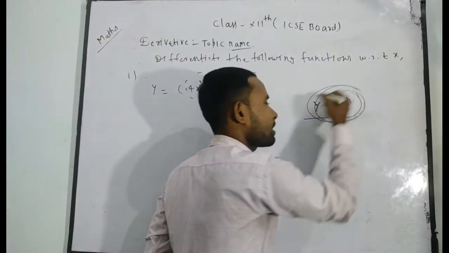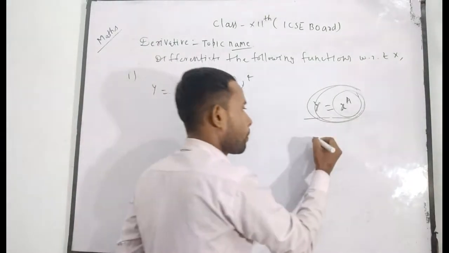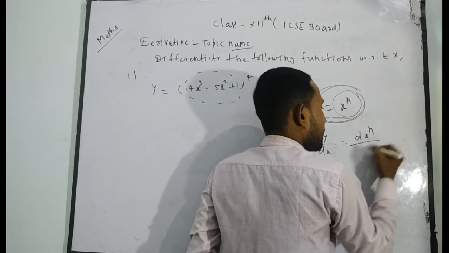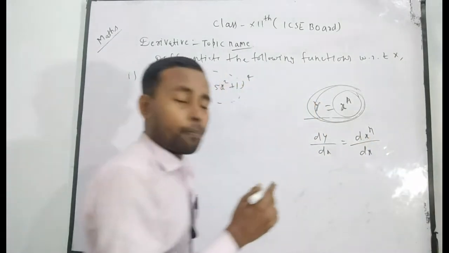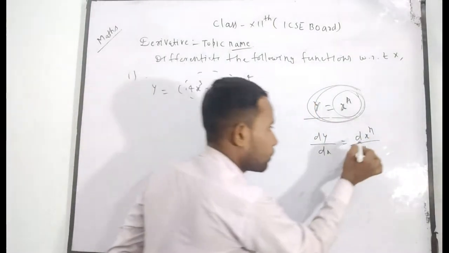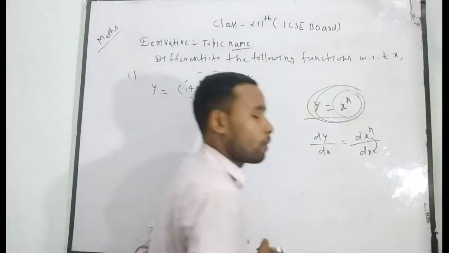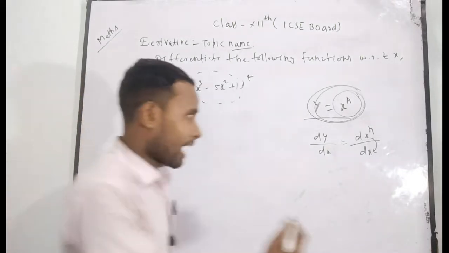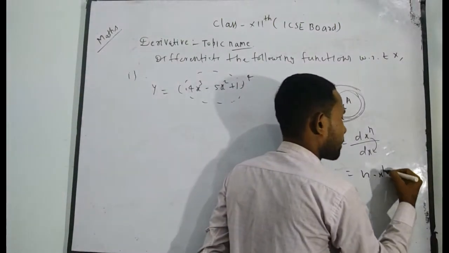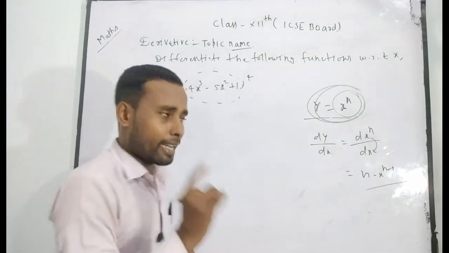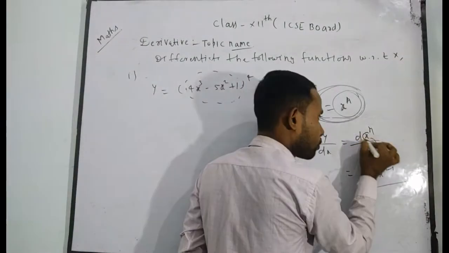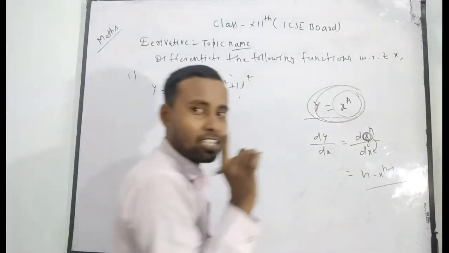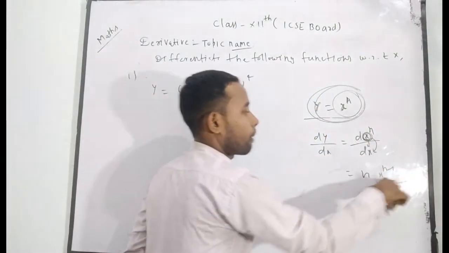If any function is of this form and you want to differentiate it with respect to x, then you can write directly n into x to the power n minus 1. Remember it: if there is x to the power n, then in that case it will be n into x to the power n minus 1.